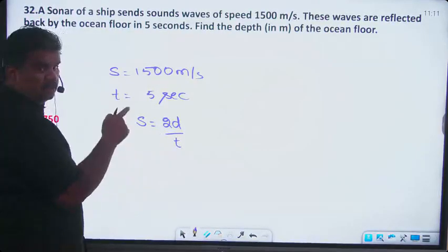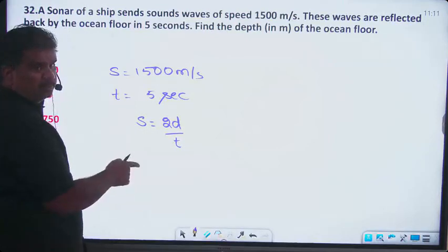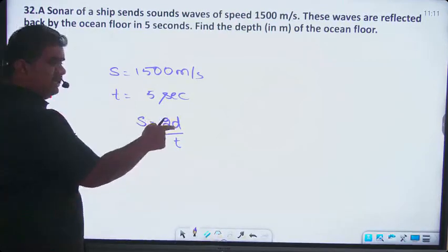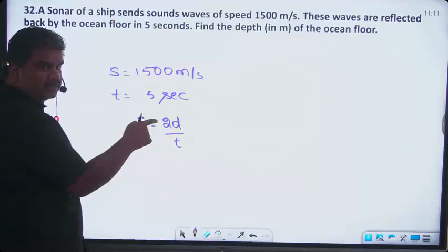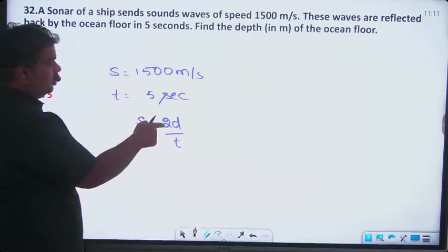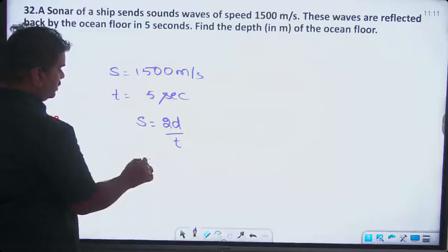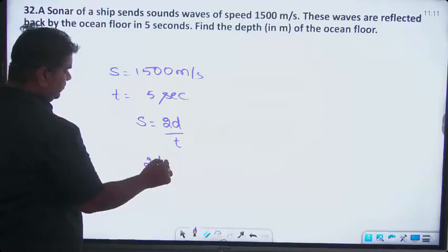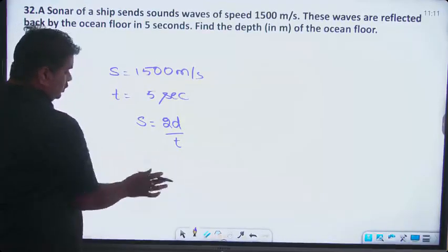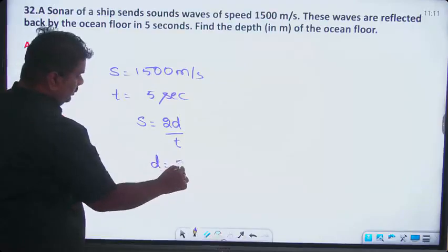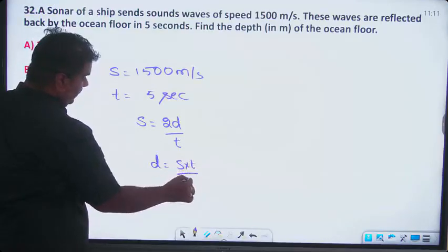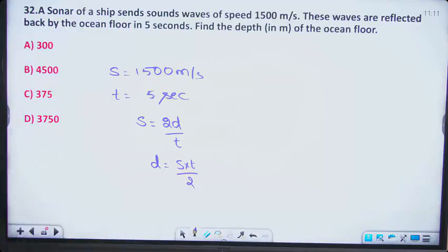This formula applies only to echoes. In general we write speed equals distance by time, but in case of echoes we write speed equals 2 into distance by time. Here we are supposed to calculate distance. So D equals S into T by 2. So 1500 into 5, 7500 by 2, 3750 meters.